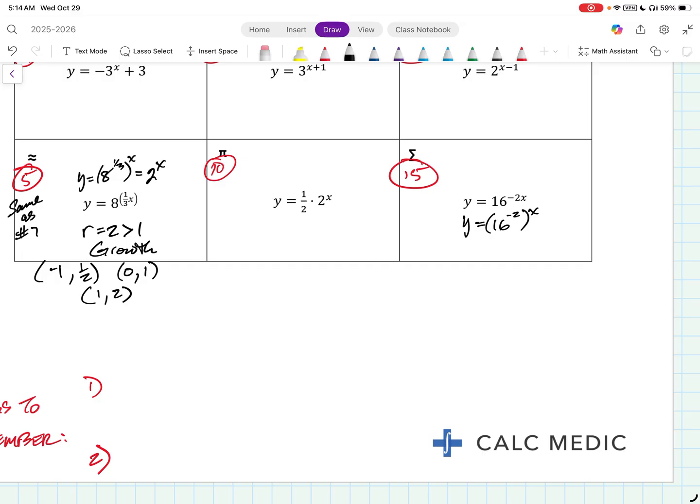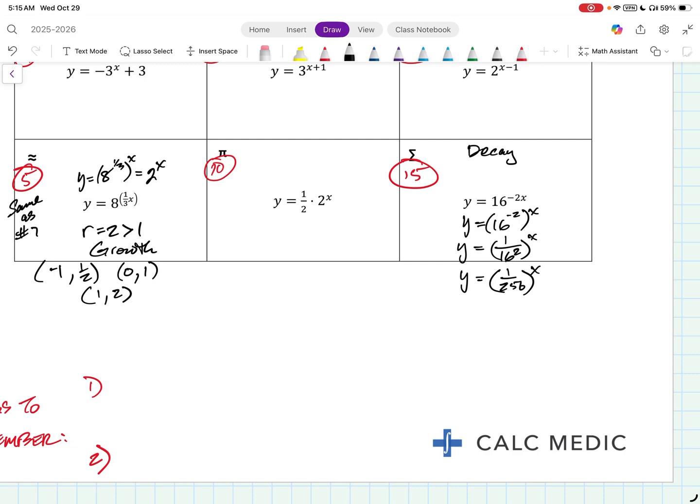Now we need to rewrite it again. So y is equal to 1 divided by 16 squared, because it has a negative exponent, to the x power. And 16 times 16 is 256, so y is equal to 1 over 256 raised to the x power. So this is a decay function, a decay function in disguise because of the negative exponent.